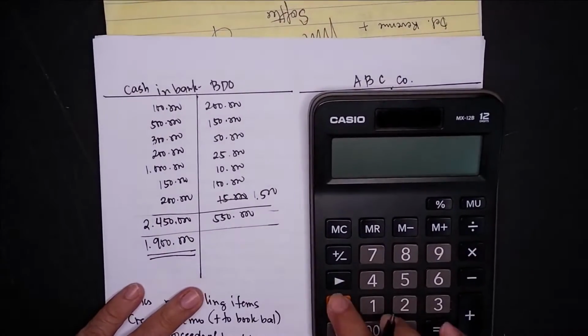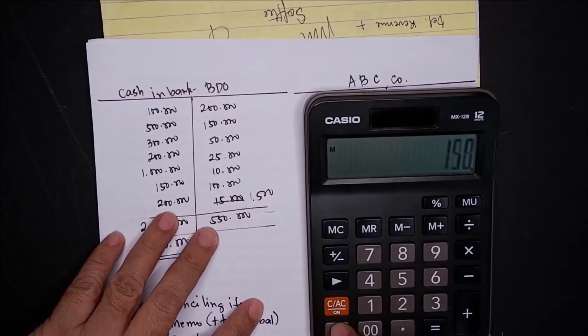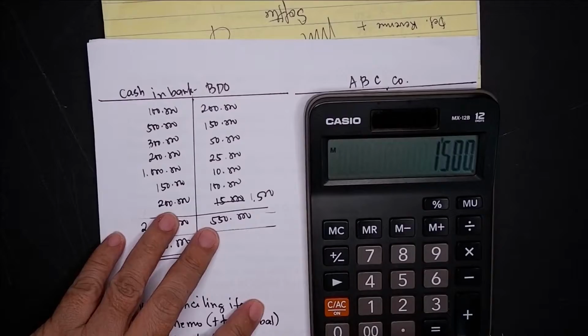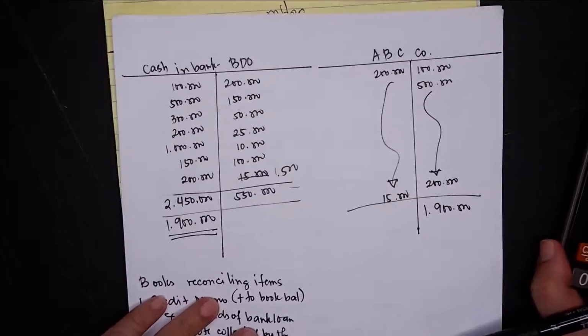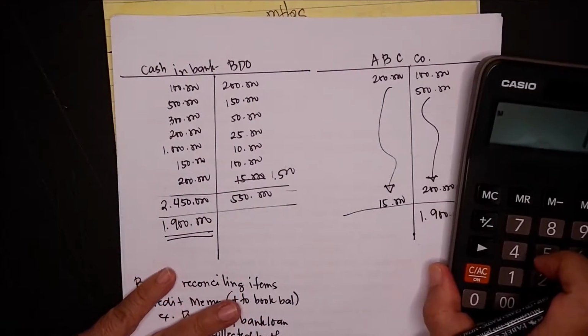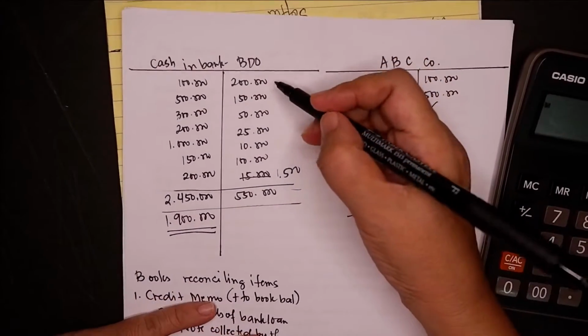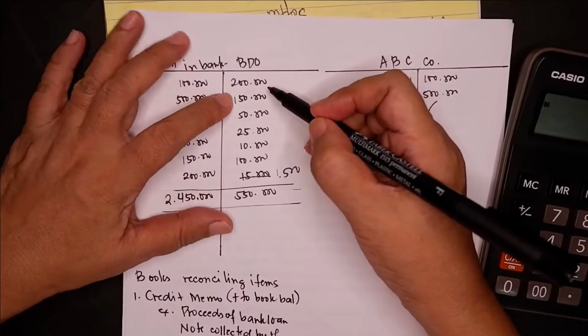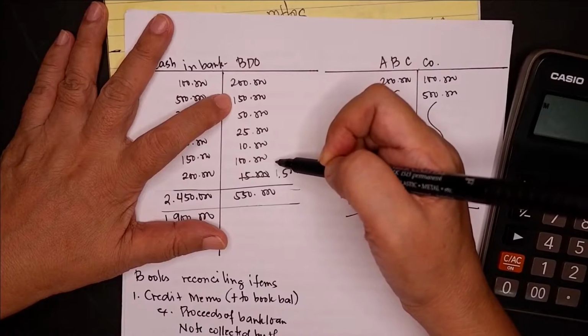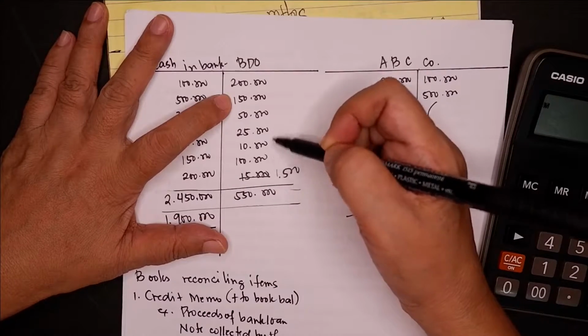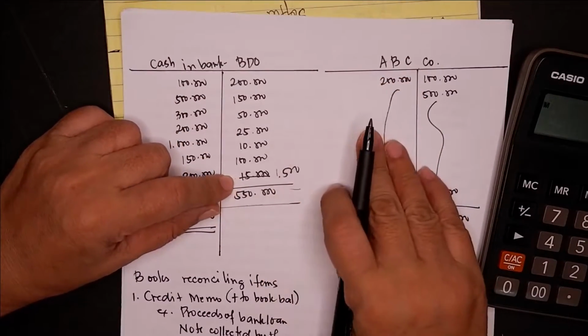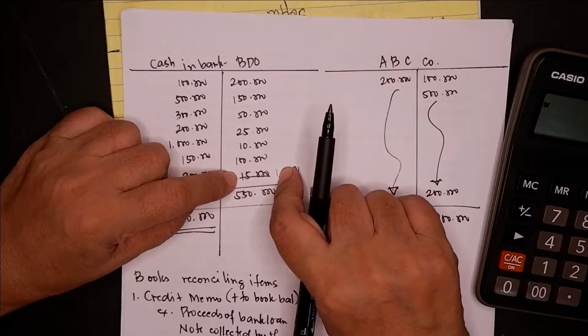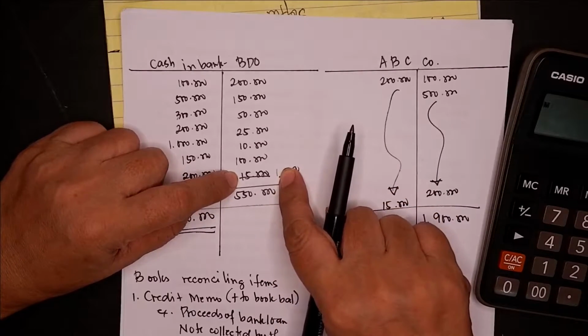So how much is the difference? That is 15,000 minus 1,500. That is 13,500. So again, as I have said, think first of what our transaction is, how the transaction affects our cash. It is a deduction, so it should be minus 15,000.